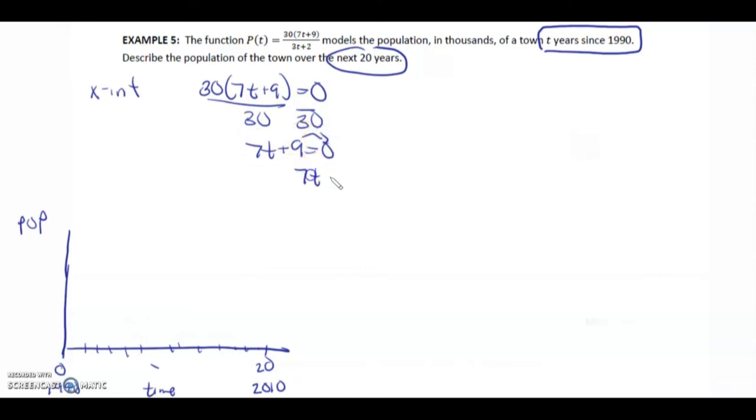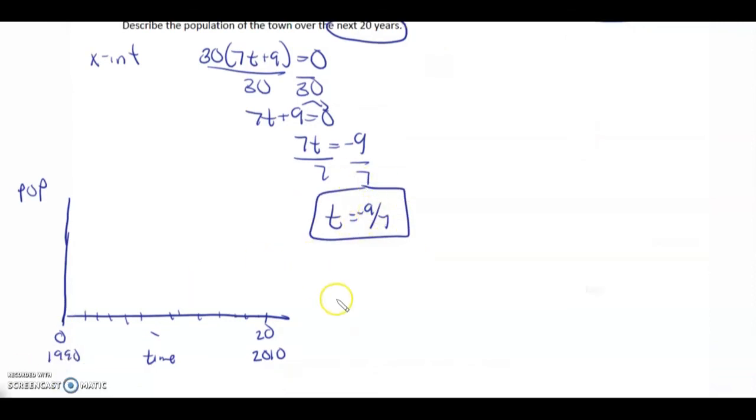We get 7t equals negative 9, t equals negative 9 over 7. So if we're looking for the t-intercept, we'd actually have to go into quadrants that don't actually exist in regards to population and time. It'd be some intercept over here.